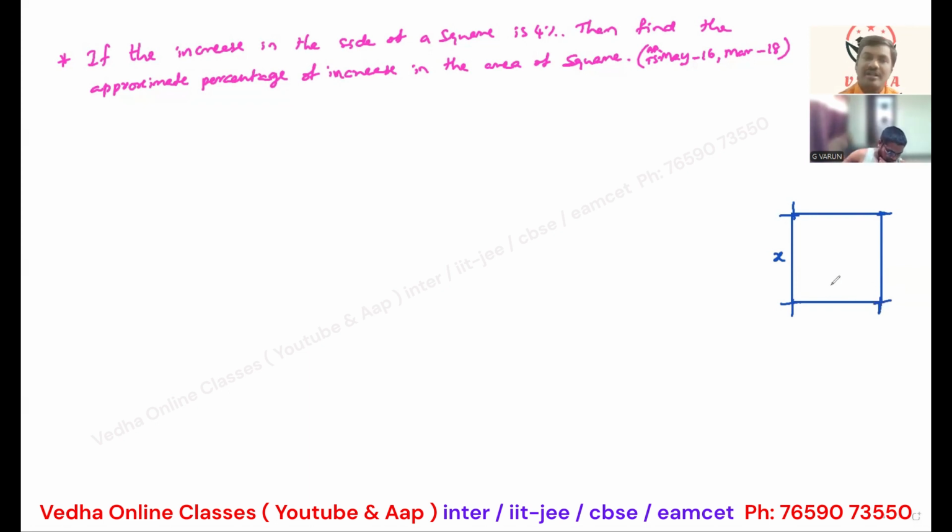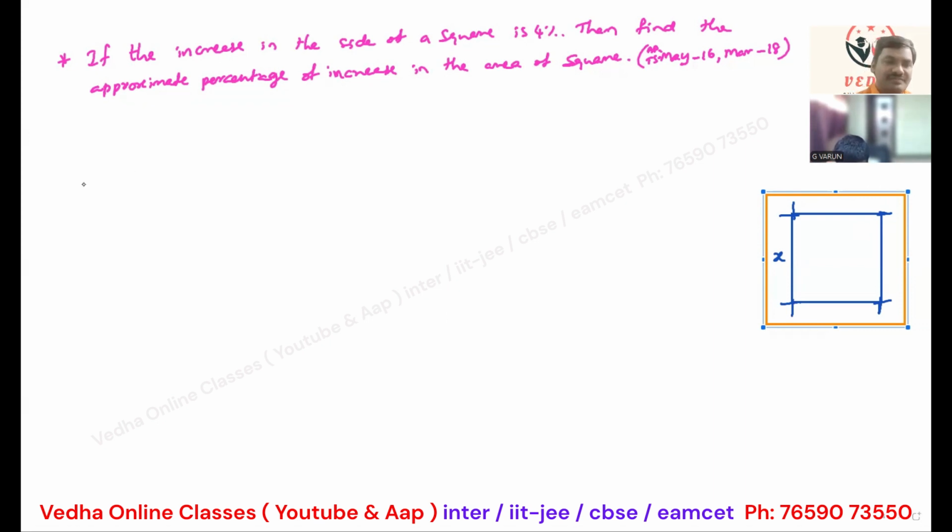Then automatically there is an increase in the area of the square, and we get a bigger square. Now, what is the approximate percentage of increase in the area of the square? That is the question here.